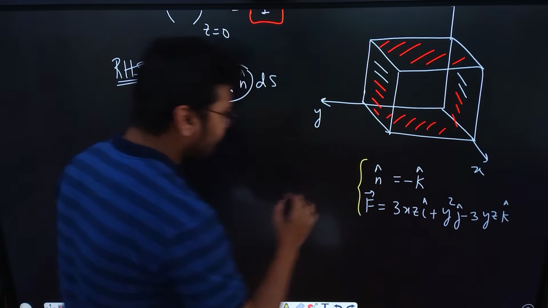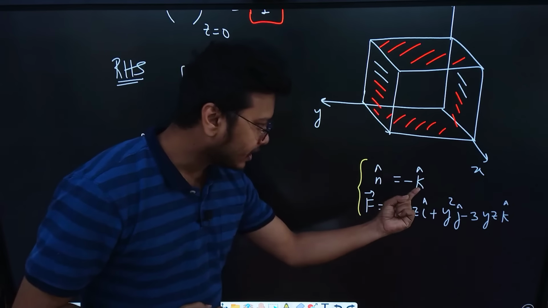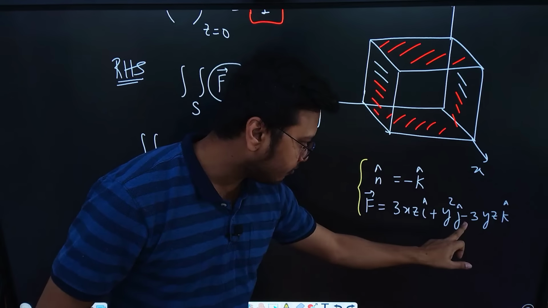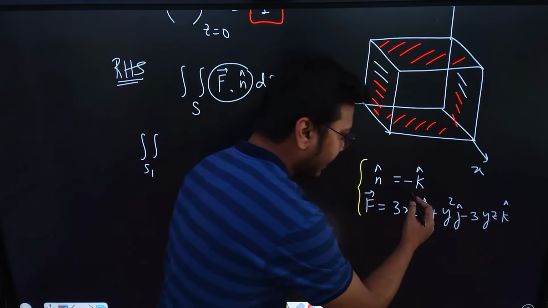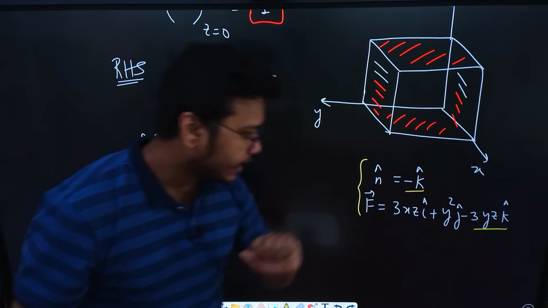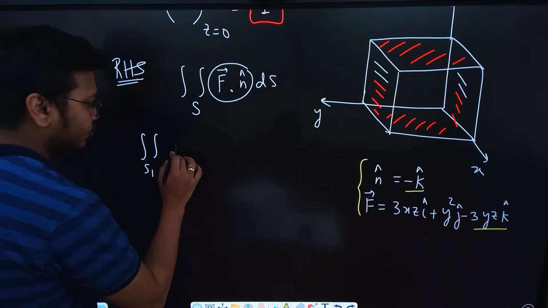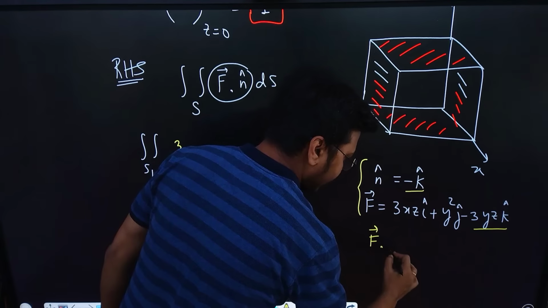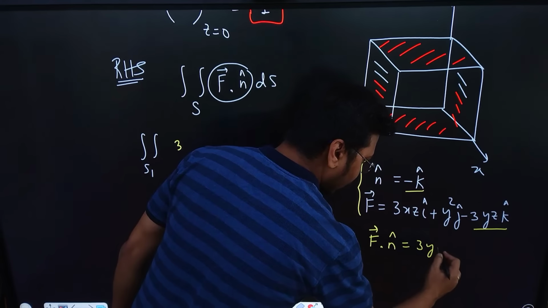So what would be f dot n cap? The k cap multiplied with k cap, with a minus sign and a minus sign over here, so I would be having n cap as minus k cap with this k cap. So it would be 3yz, right? So f dot n cap is 3yz.